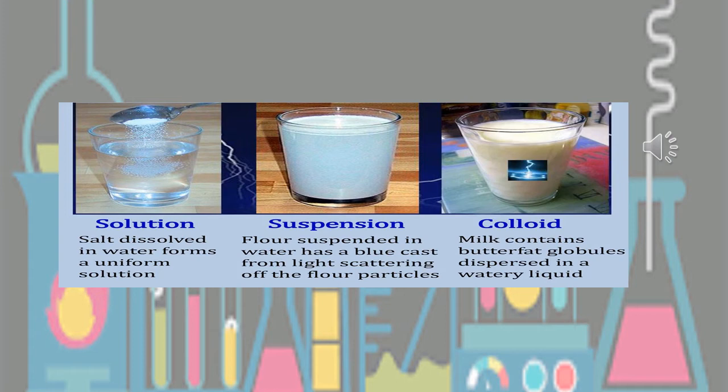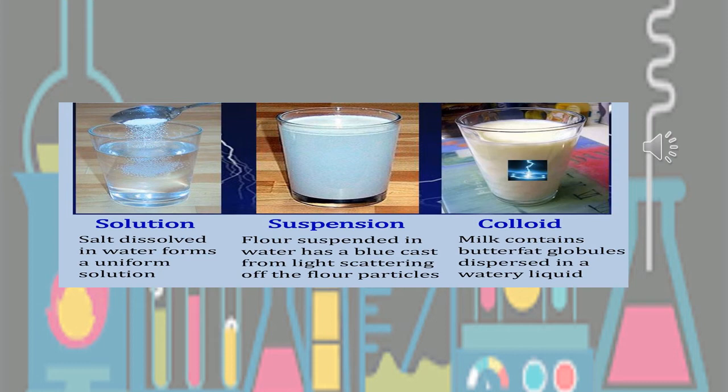A colloidal solution is a heterogeneous mixture consisting of two parts: one is the dispersed phase and the other is the dispersion medium. The dispersed phase acts as a solute, and the dispersion medium acts as a solvent.